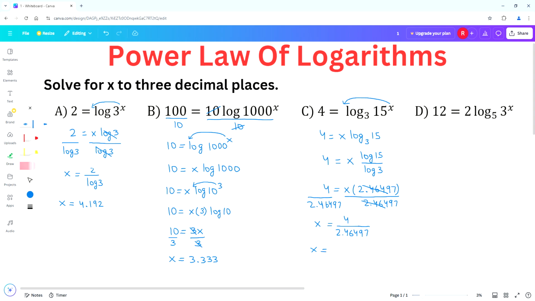I get x equals 1.623, rounded to 3 decimal places. This should be the final answer for part C.